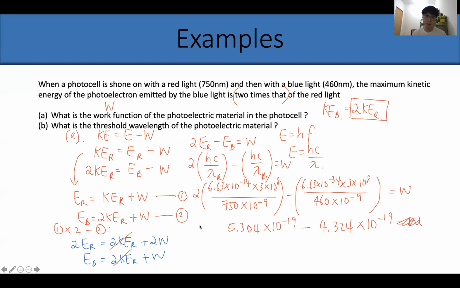I'll just bring it in front. So 9.8 times 10 minus 20 joule. So that's our answer for A.